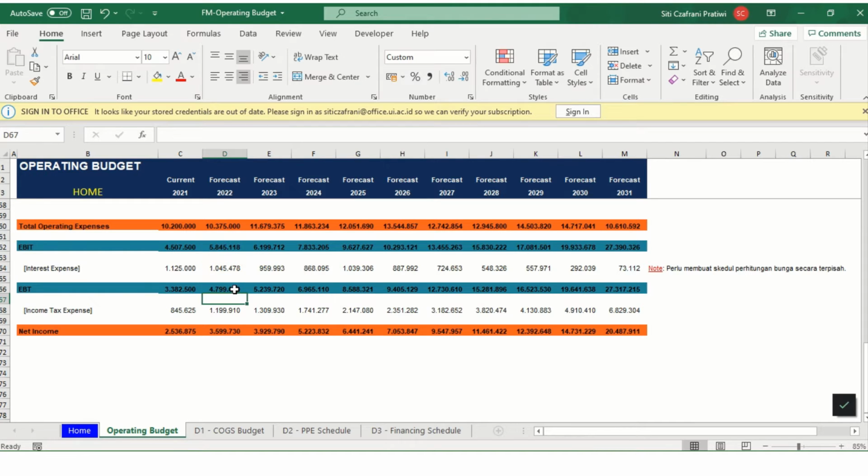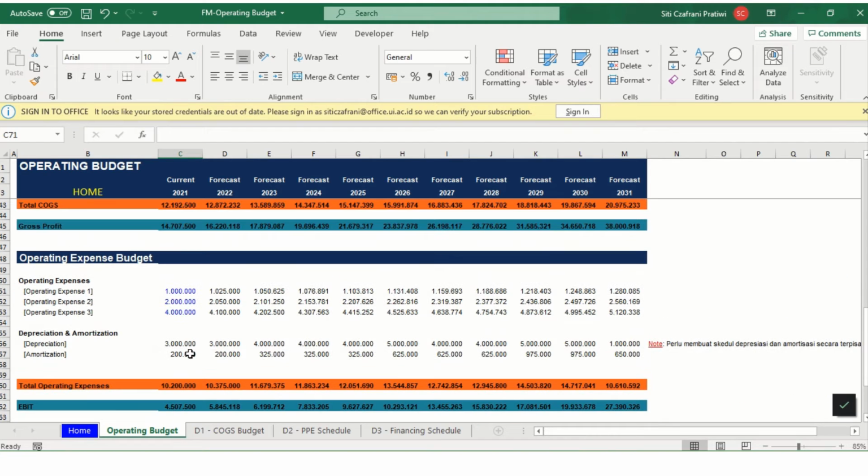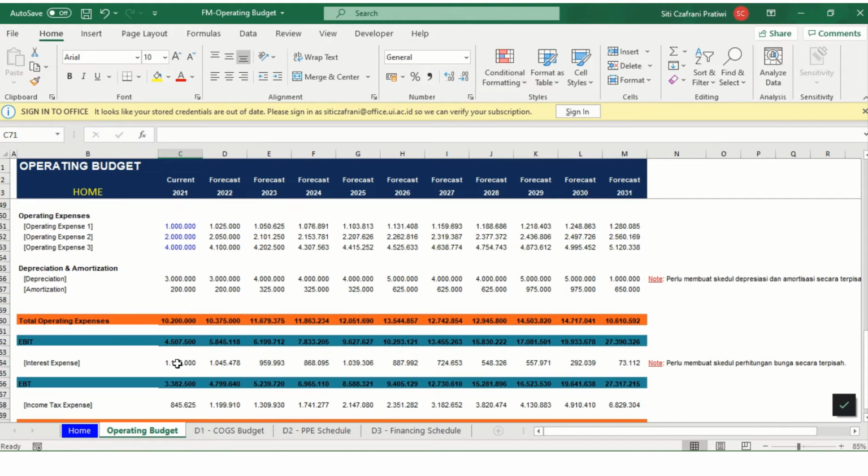The net income is earning before taxes less income tax expense. So this is for the operating budget. We will explain in more detail how to calculate depreciation, amortization, and interest expense in the next discussion.